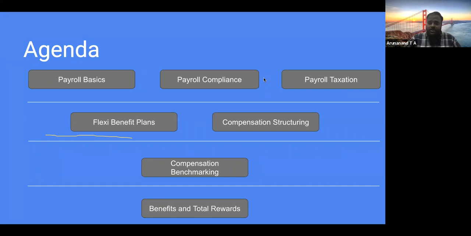And the last item, I'll touch upon benefits and total rewards. Most of these jargons you have already heard from your professors in class, or you will shortly in the second year. What I'm trying to do is give you a practical aspect of how we do it.